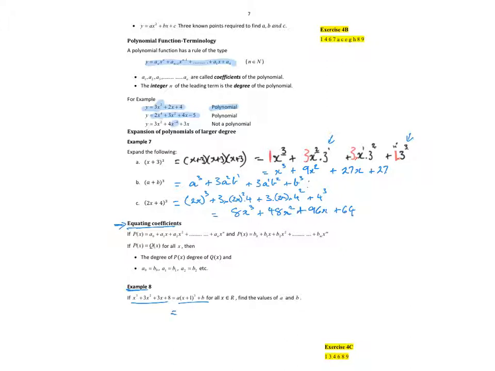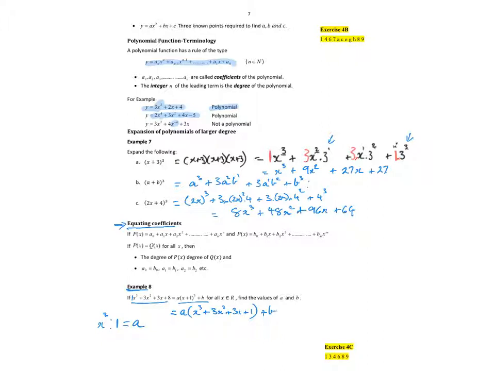I think if I just expand this whole term here, I get x cubed plus 3x squared plus 3x plus 1 plus b. So if we look at the x cubed coefficients, on the left-hand side, the x cubed coefficient is 1, and that has to equal the x cubed coefficient on the right-hand side, which is just a.